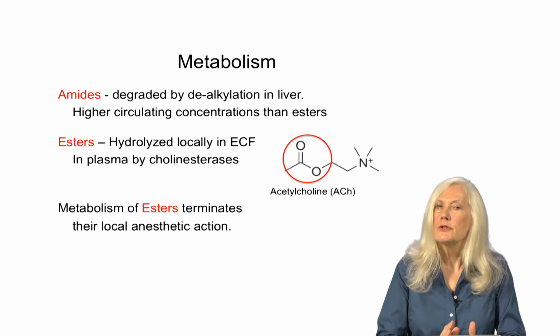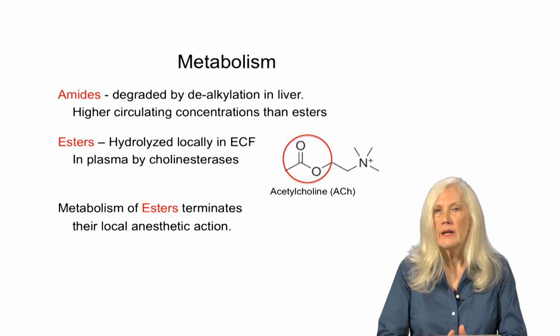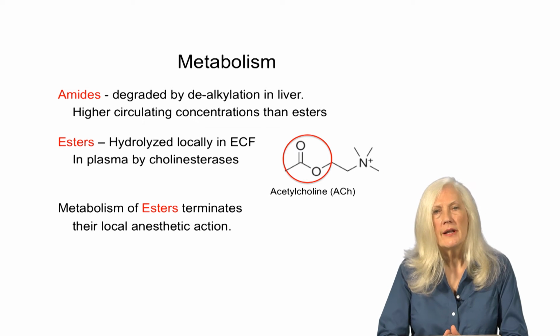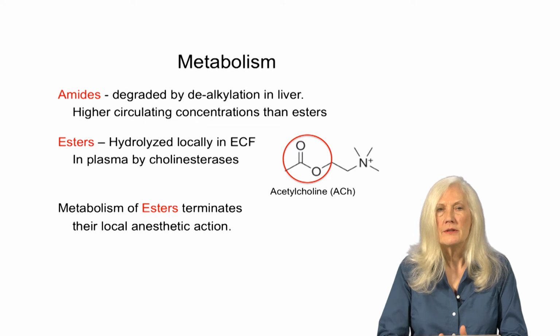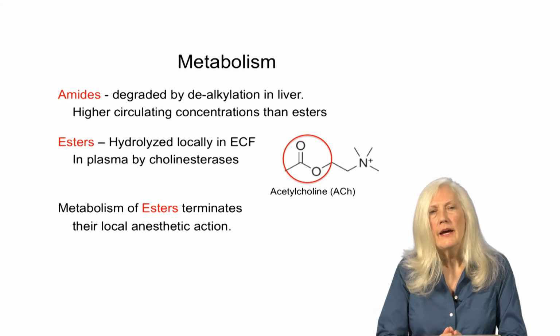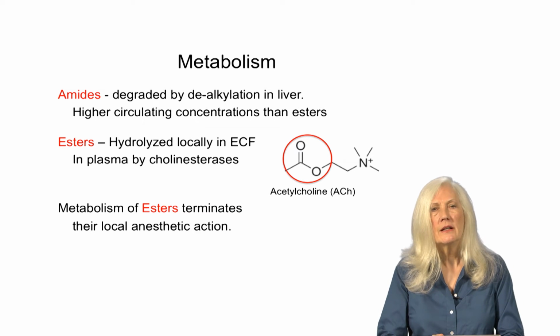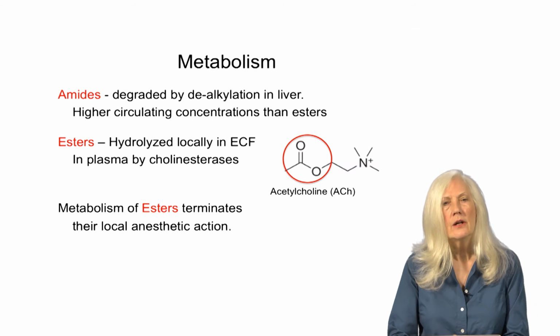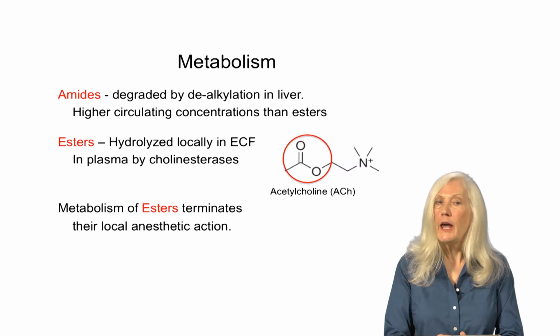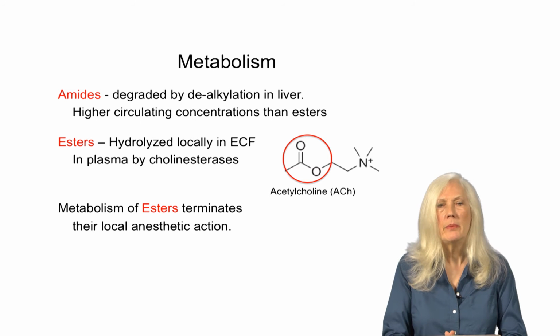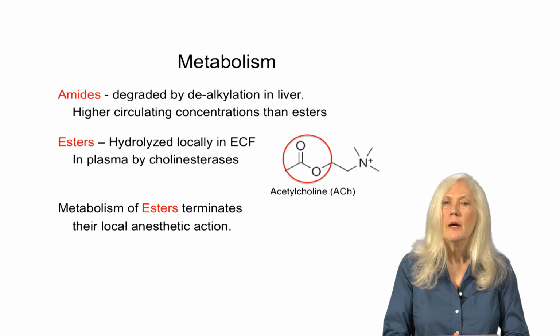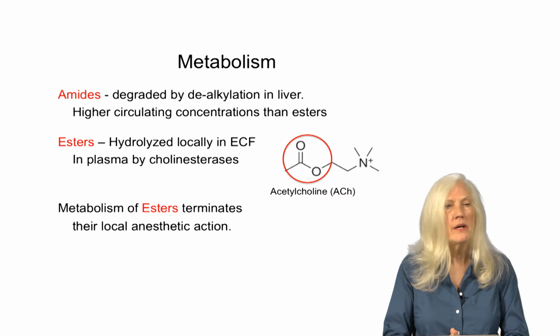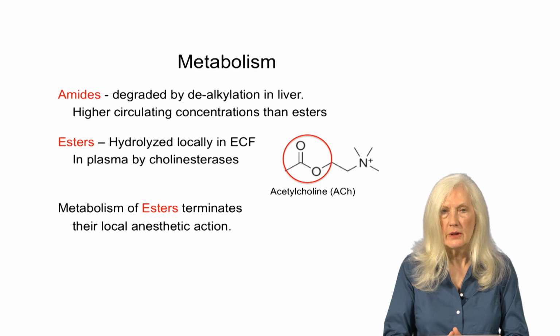This is because the structure of ester-type local anesthetics is very similar to that of acetylcholine, which is the endogenous substrate for these enzymes. The anesthetic effect of esters is terminated largely because of their rapid metabolism. In contrast, the local anesthetic action of amides is primarily dependent on redistribution back into the circulation from the site of injection because they're not metabolized locally.